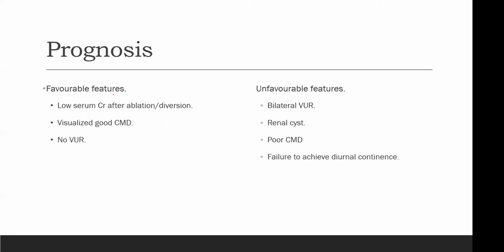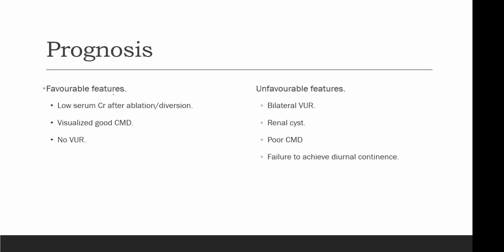So looking at the prognostic factors of this condition, you have favorable and unfavorable features. Children that have low serum creatinine after ablation or diversion of the urine, that's a good feature. They actually have a good prognosis. Or those in whom you can visualize good corticomedullary differentiation, or if they don't develop vesicoureteric reflux.